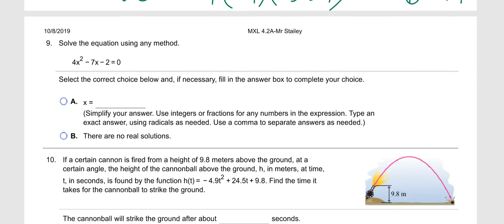Question 9. Is this a discriminant only question, or is this the entire quadratic formula when they ask me to solve? That's the entire thing, folks. So not only do you have to do step 1, but also step 2. Go.